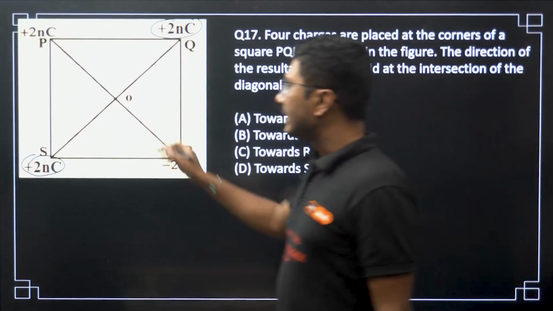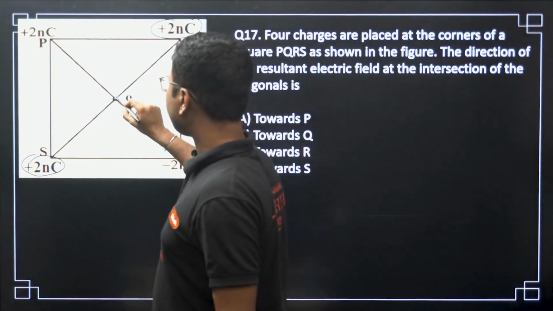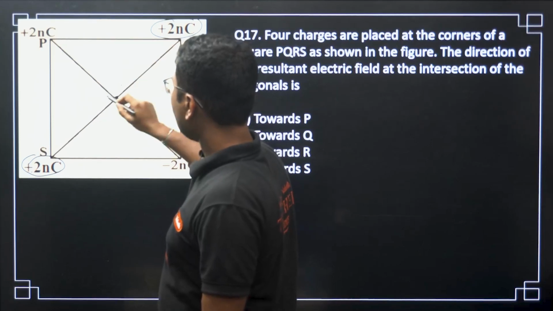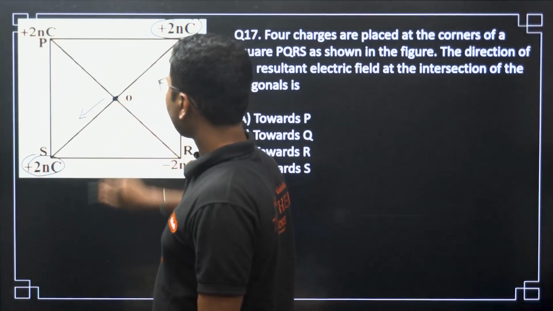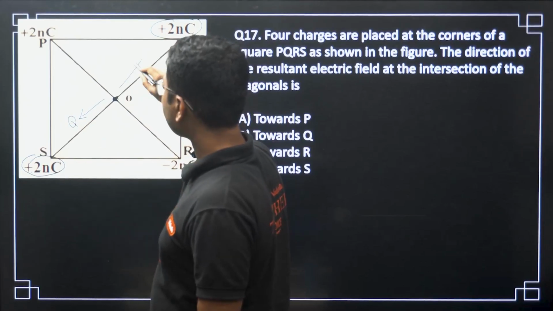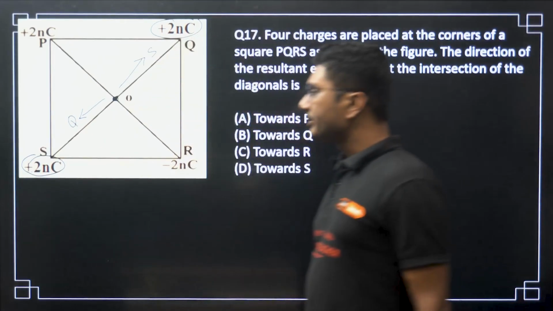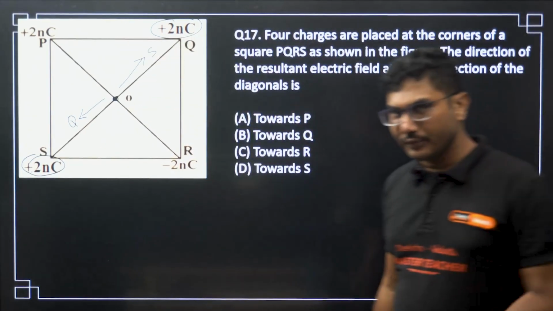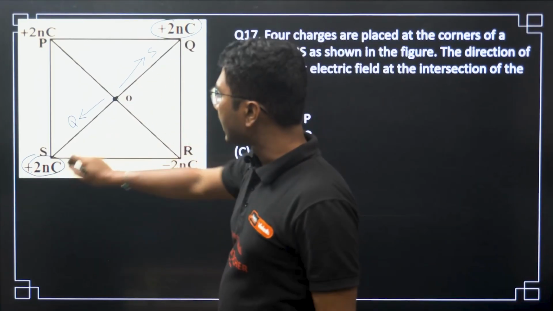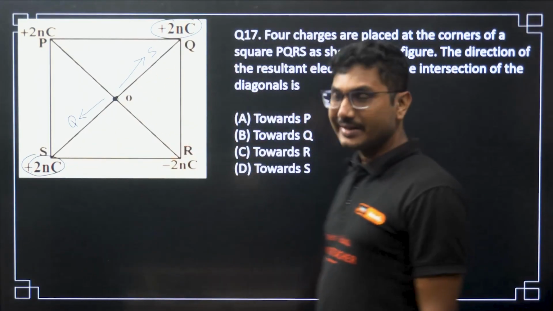Okay, so if you are trying to find the electric field at this point, the center, the electric field due to Q will be in this direction, and the electric field due to S will be in this direction, away from the charge, right? For a positive charge, the electric field is always away from it. Both charges are equal, so they will cancel each other.